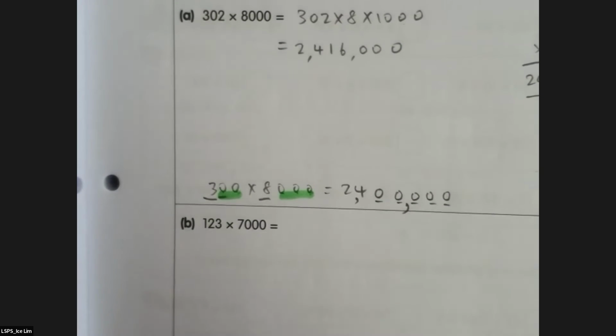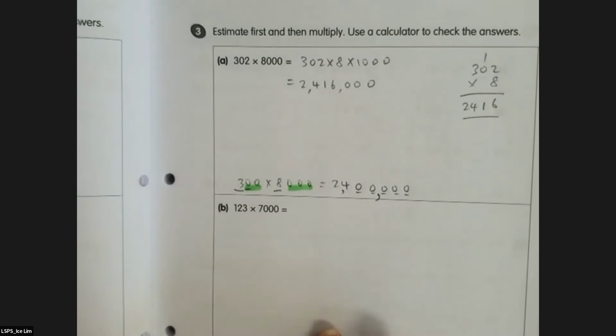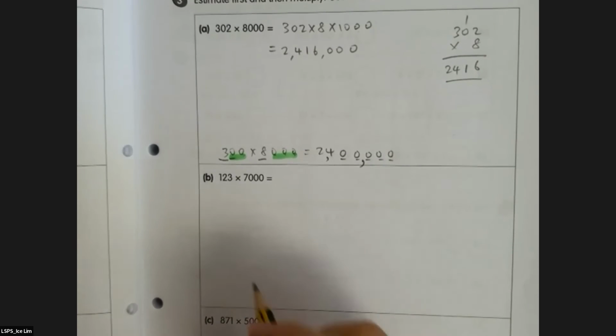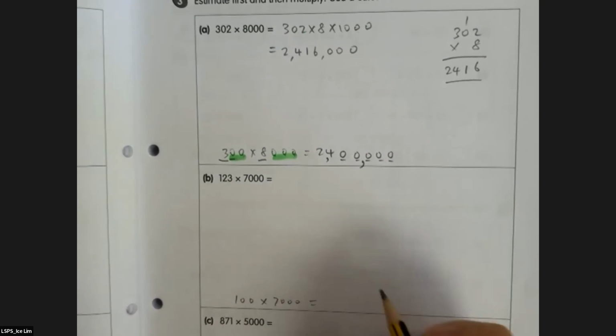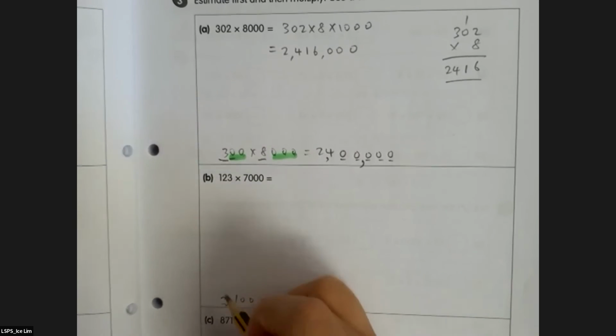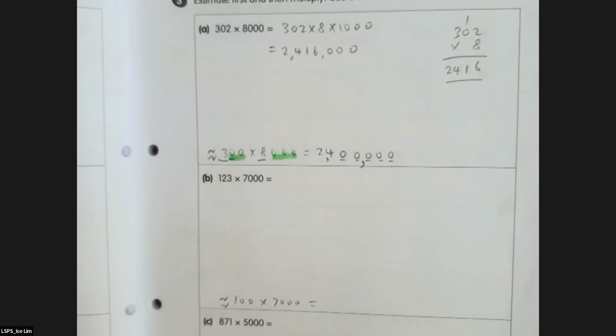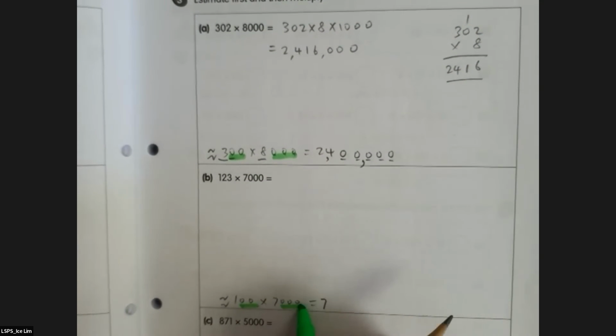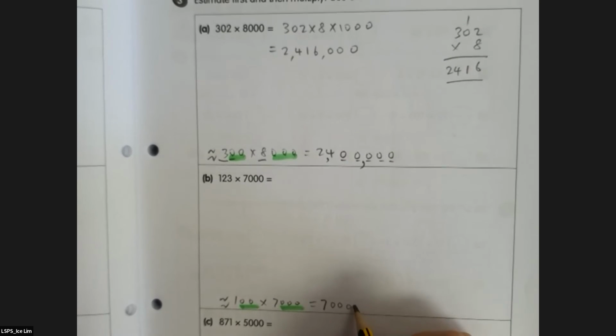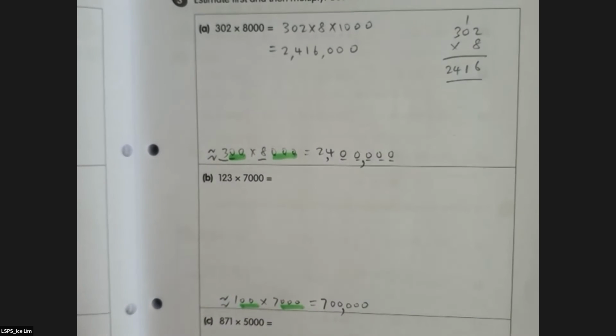So the next one, the estimation, same way. About 100 times 7,000. So I should get about the estimation at the bottom. 7, and then the main idea is to focus on the number of zeros, because of focusing on the place value.